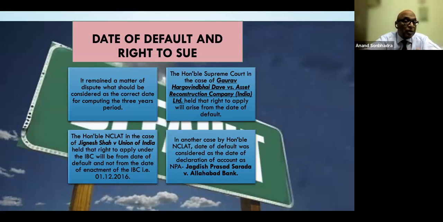Default and NPA dates could be different. So my take from this is that please look at specifics of the case on hand and then correlate with the facts and the relevant case that you're referring, be it Supreme Court or NCLAT, and then take your call.